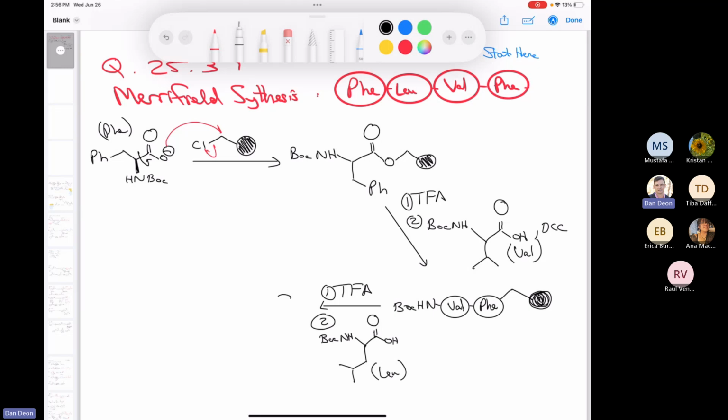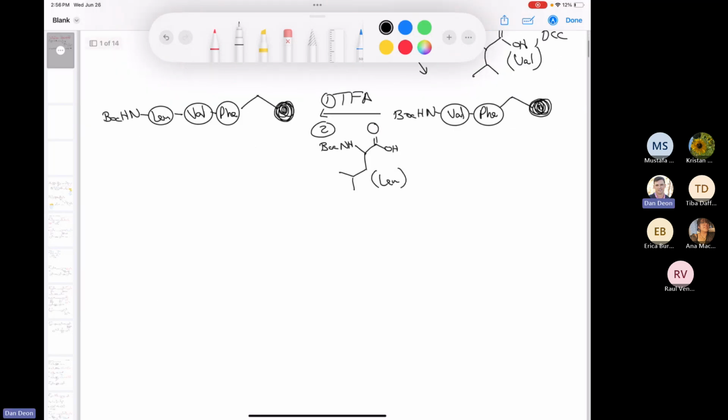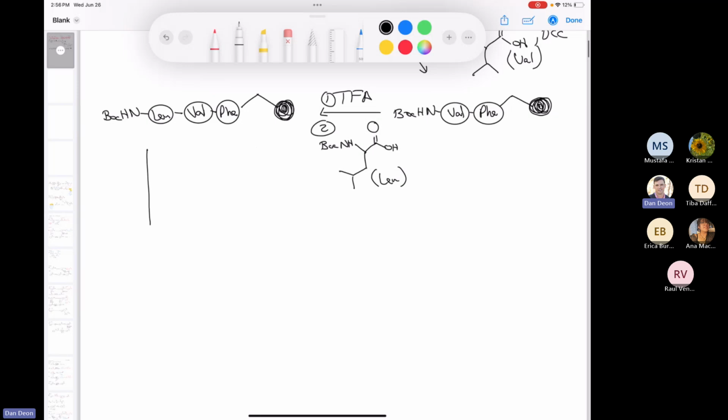So now, to draw the intermediate, we have our polymer, CH2. Then we've got 1, 2, 3 amino acid residues. So we have phenylalanine, valine, leucine, and then we have NH Boc, like that. Okay, got to keep going. So next step is going to be to hit it with what? Step 1, TFA.